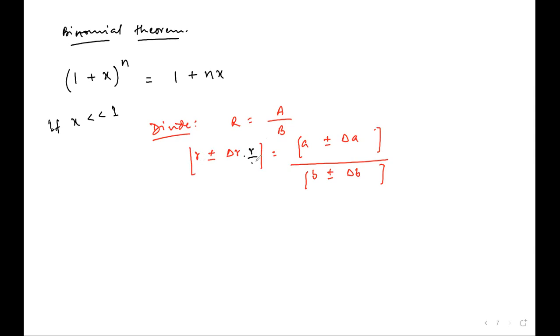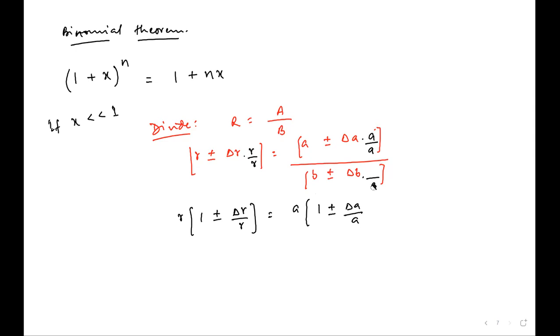So just multiply and divide by r, multiply and divide by a. If you take out common r from this, you will be left with 1 plus minus delta r by r. If you take out common a, it will be 1 plus minus delta a by a.